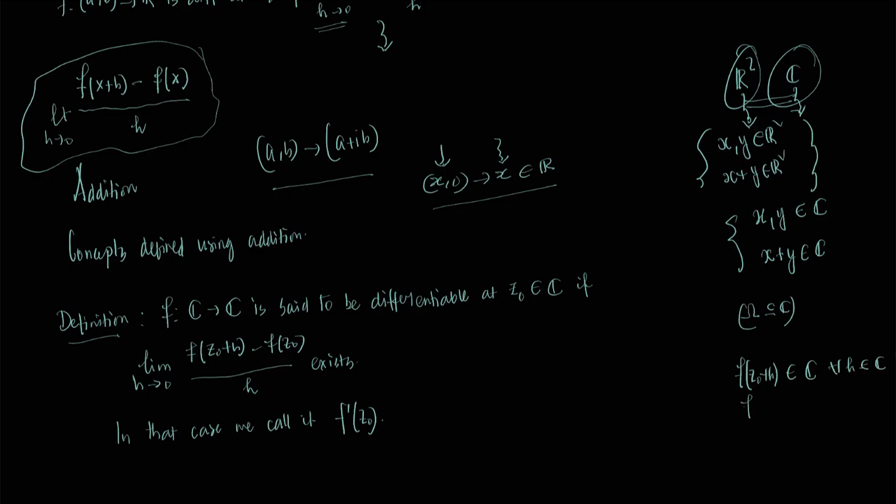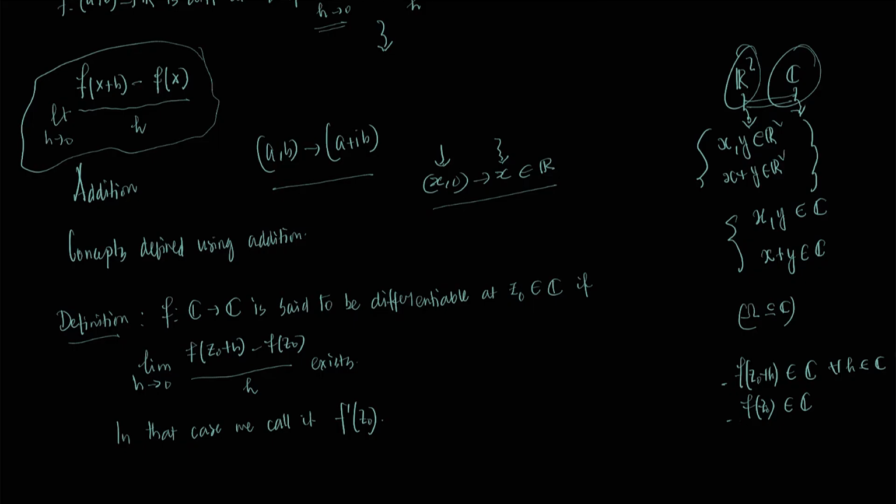Okay, now f of z naught is also a complex number. Now if we take the difference, f of z naught minus f of z, that is defined, right? That is a complex number again.